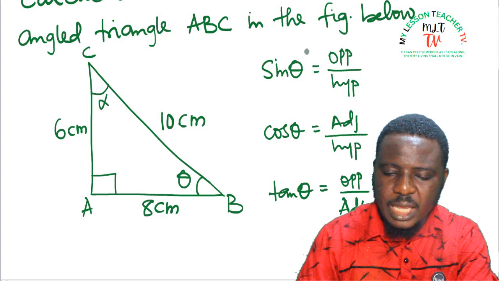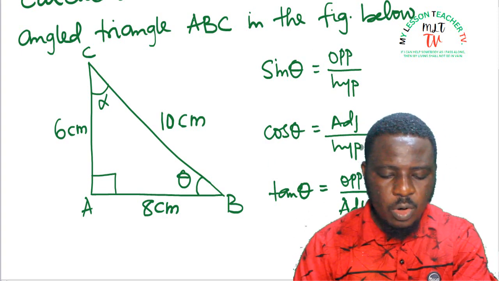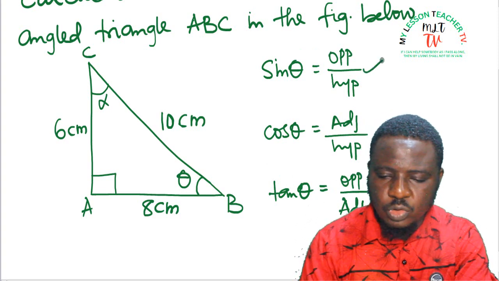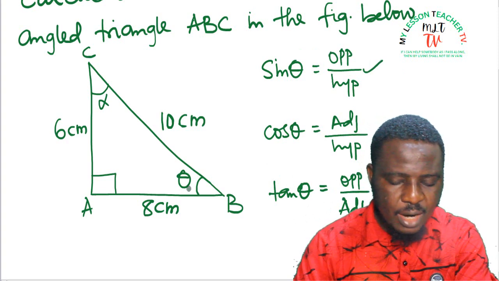So you can use any of these three relationships to find the included angle because all three sides are given. I'm going to use the relationship of the sine to get my angles.